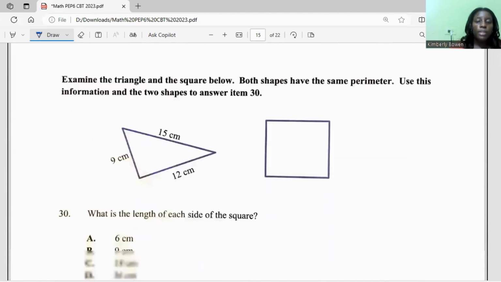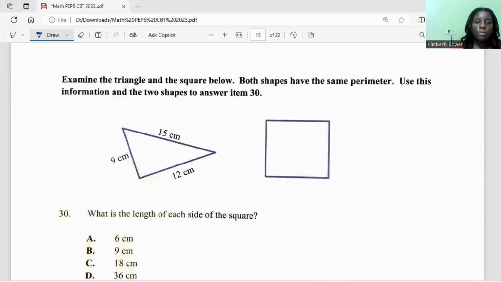All right, let's look at number 30. Examine the triangle and the square below. Both shapes have the same perimeter. Use this information and the two shapes to answer item 30. What's the length of each side of the square? They have the same perimeter.